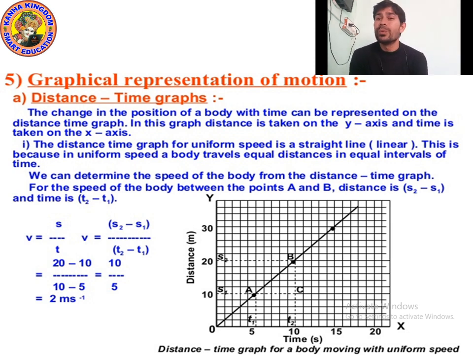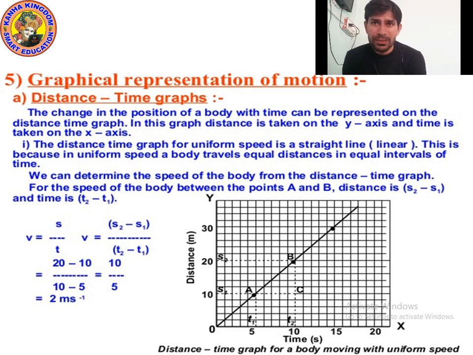So the distance and time intervals are both the same. We can determine the speed of the body from the distance time graph. Yes, we can easily determine the speed of the body, and we know that the formula of speed is distance upon time.